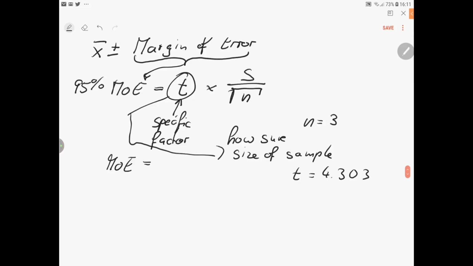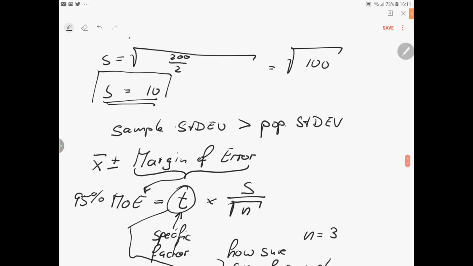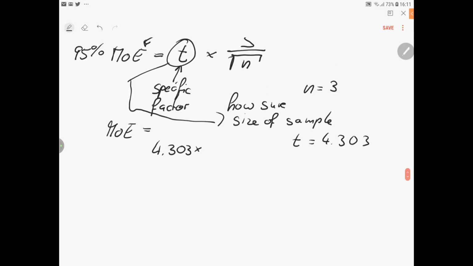And I show you in a different video how you can easily calculate that. So, for our MOE, we now have 4.303 times the standard deviation that we just calculated. That here is our standard deviation. 10 divided by the square root of our number of observations, so that was 3.